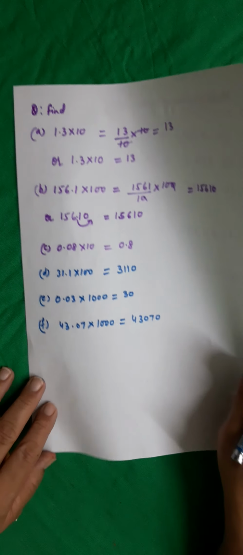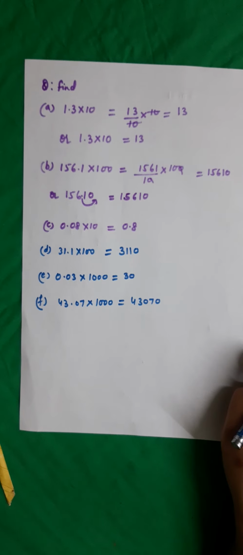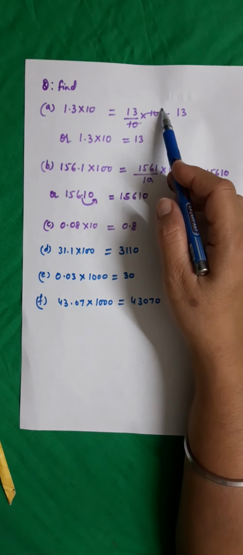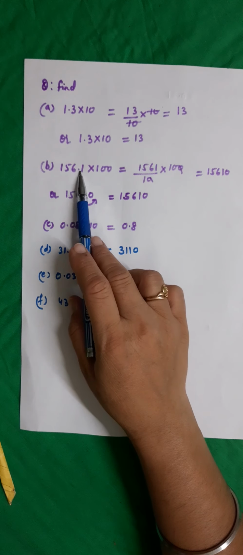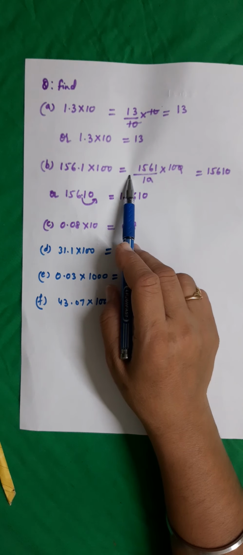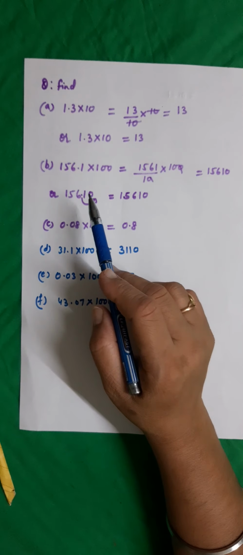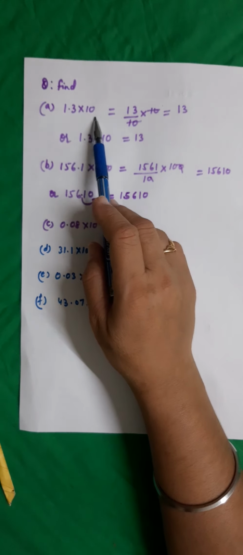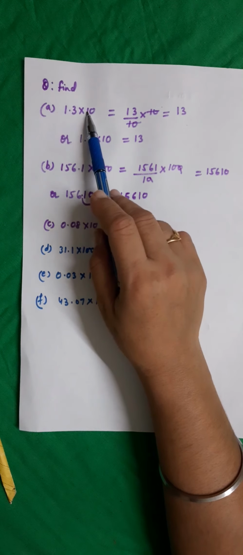Now, multiplication by 10 and 100. It is very easy. Whenever you have to multiply by 10, the decimal will move one place towards the right. Whenever you have to multiply by 100, the decimal will move 2 places towards the right. Multiplying with 1000, the decimal will move 3 places towards the right. So 1.3 into 10 will give me 13 because the decimal moves here.